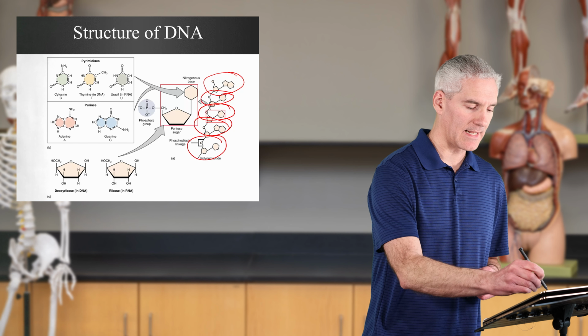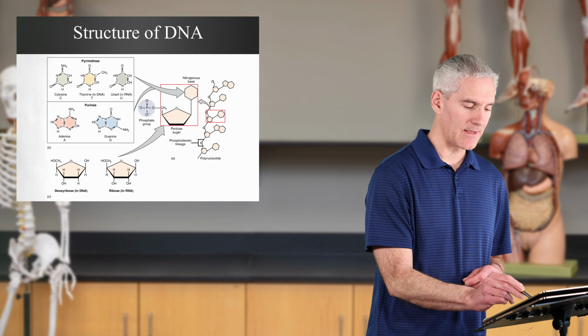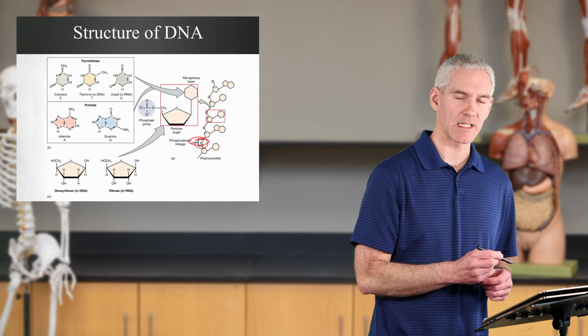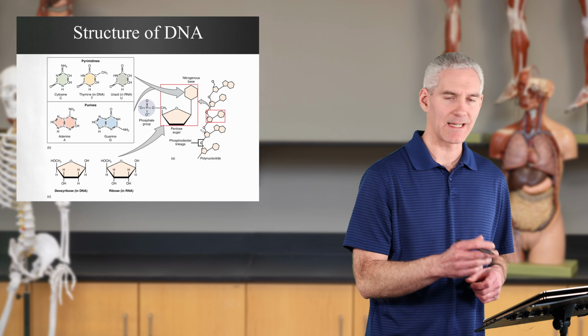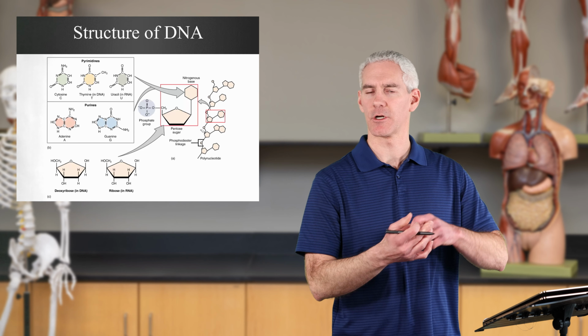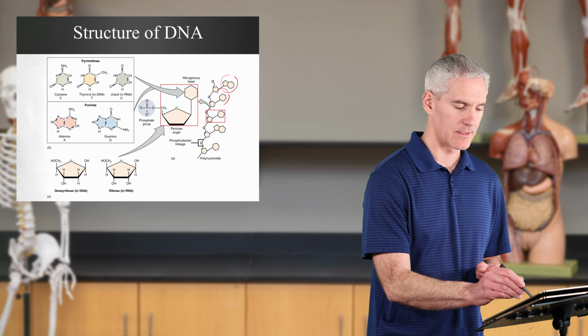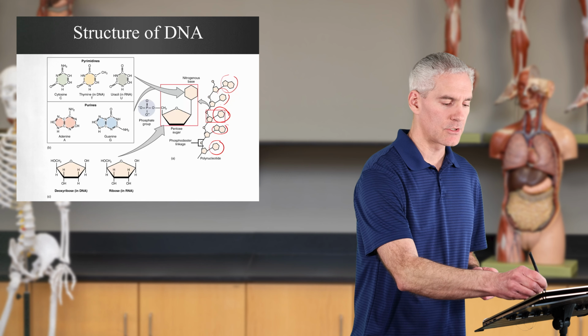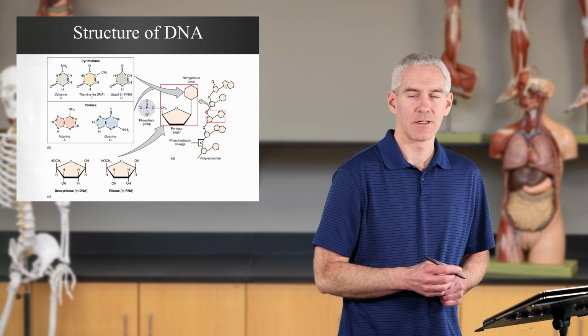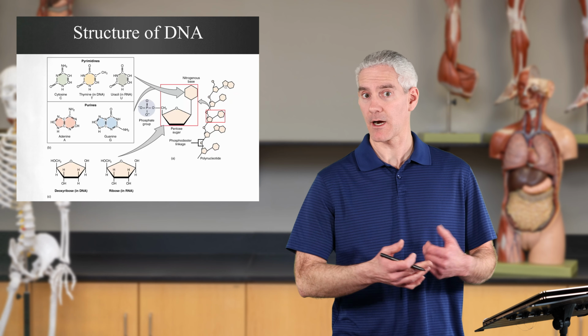You can notice that throughout all that, it's the phosphate right here that's linking them, creating this kind of phosphate sugar backbone. With the actual nitrogenous bases are the ones that are in toward the middle. So you're looking at the building blocks, the structure of DNA and RNA for that matter.